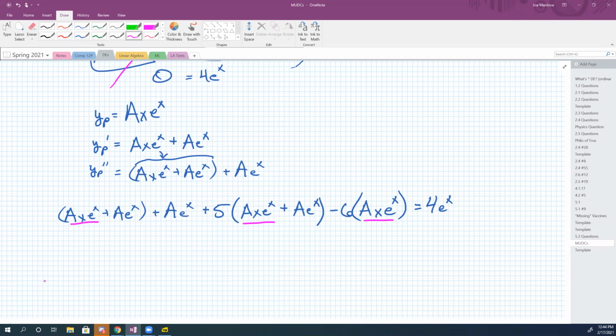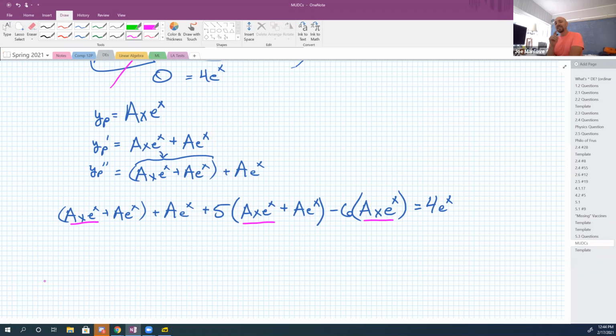Why do they cancel? How did I know that was going to happen before I did this? What was a homogeneous solution earlier? 0. Remember, e to the x was a homogeneous solution before, right?